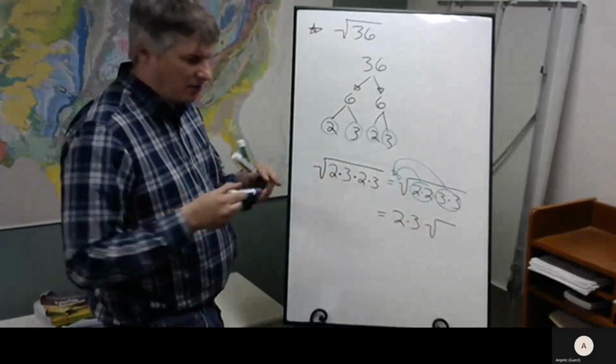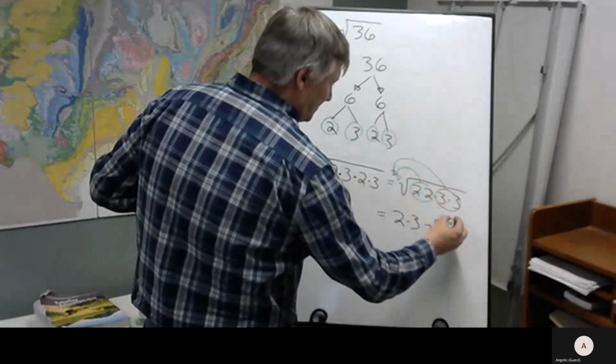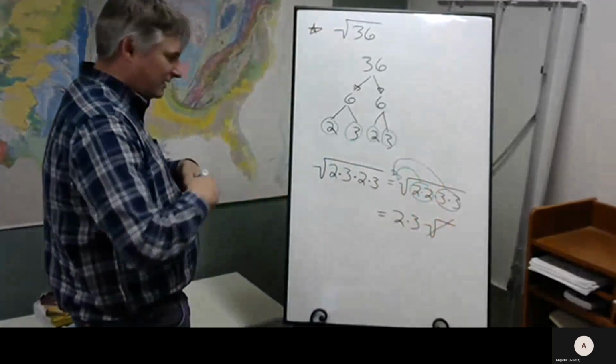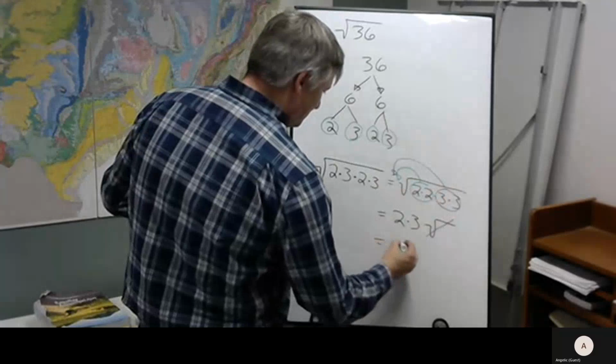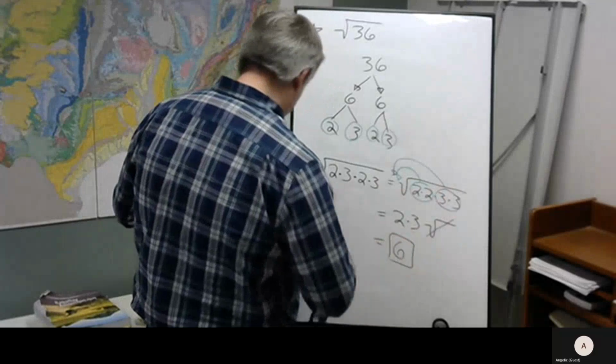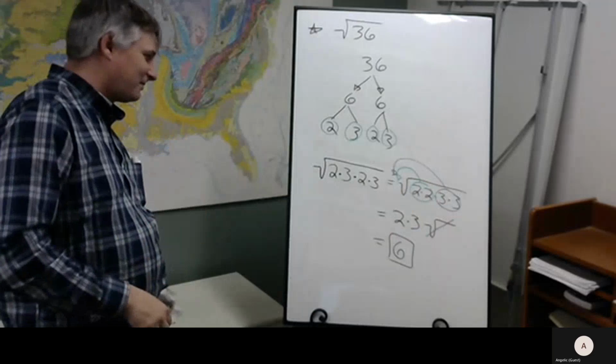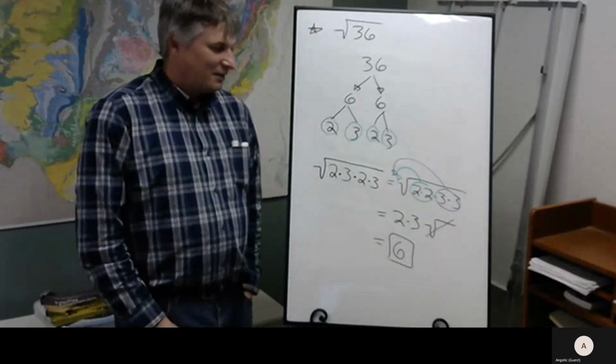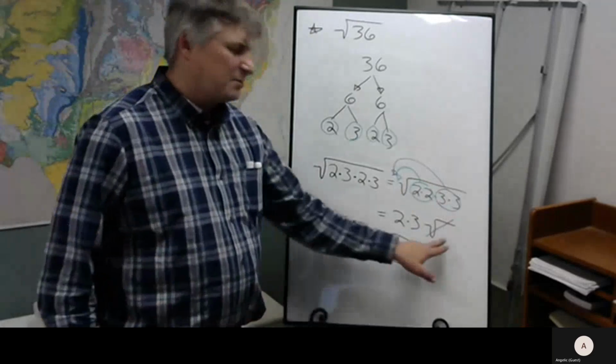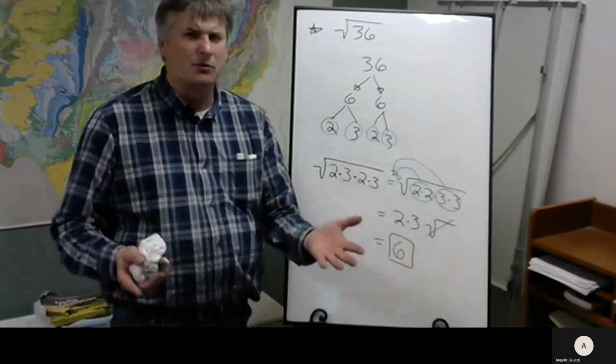It doesn't become 0. It just cancels. And so you'll get 6. It just cancels out, goes away.